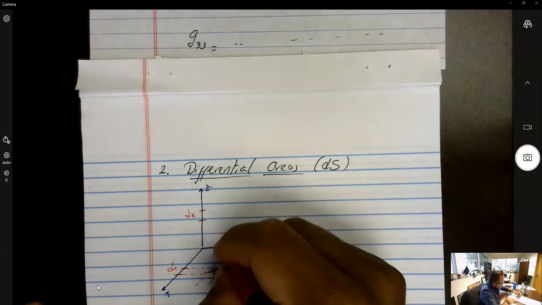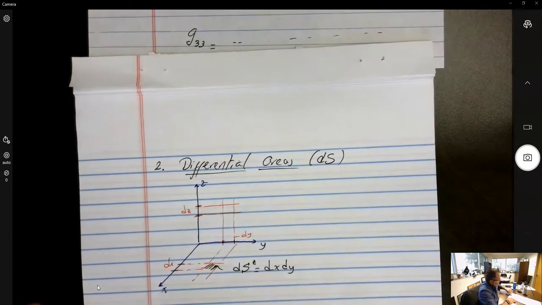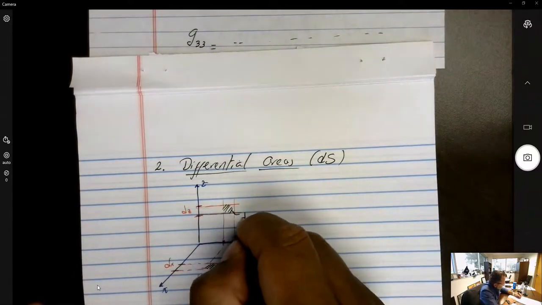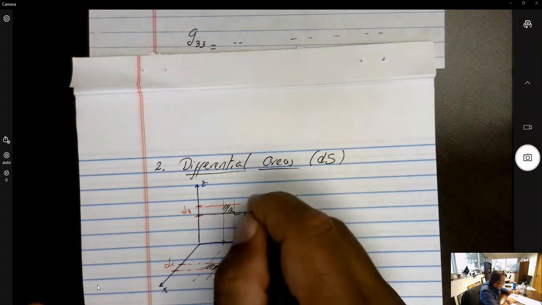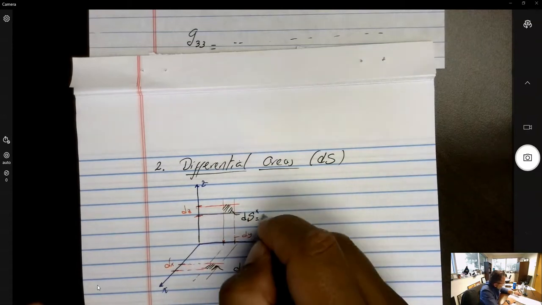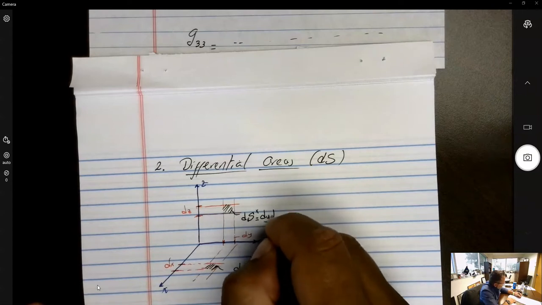Well, if we want to do this on the ZY plane, for example, this right here is a differential surface perpendicular to the x-axis, and that's dy dz.